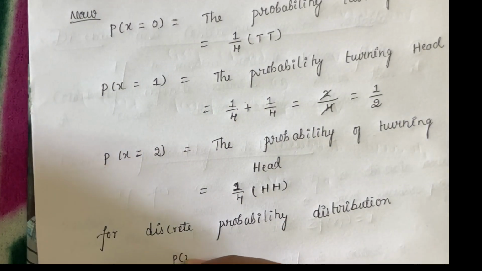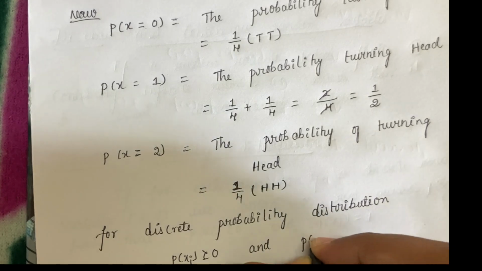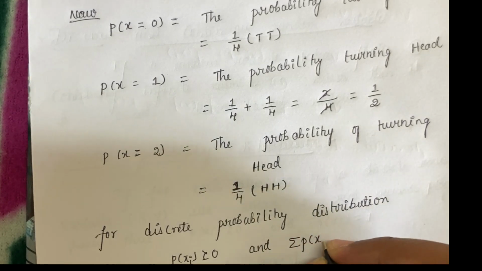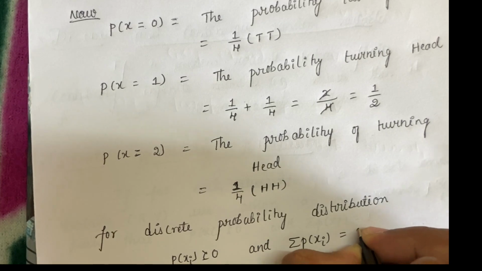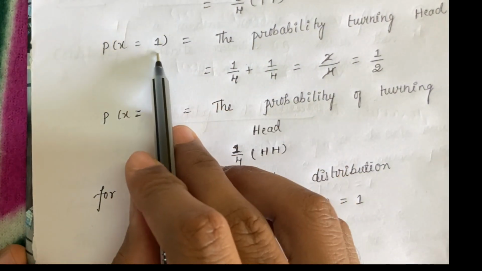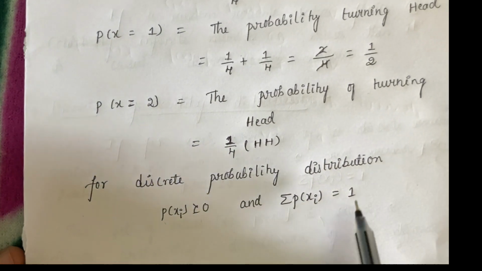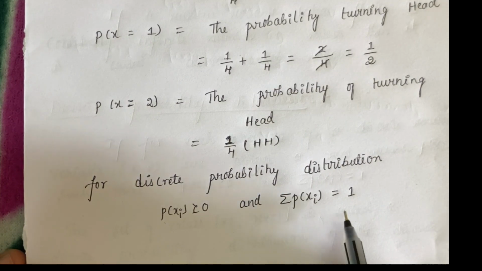That is, p of xi should be greater than or equal to 0, and the summation of p of xi should be equal to 1. So according to that, here the first condition is proved. For the next condition, we will check whether it is equal to 1 or not.